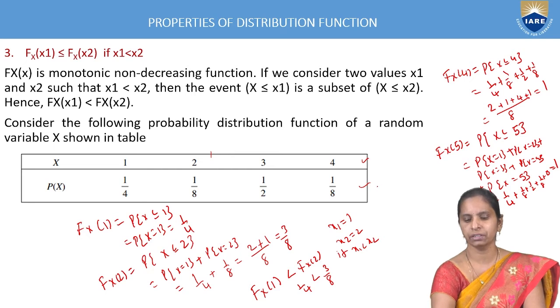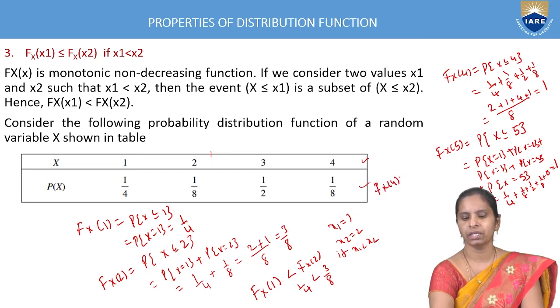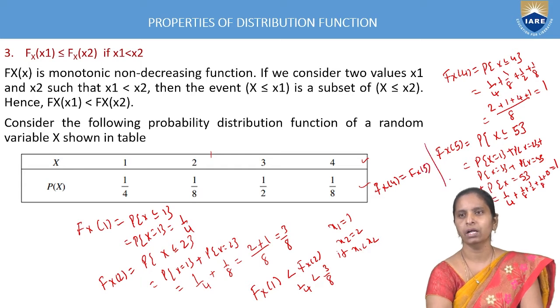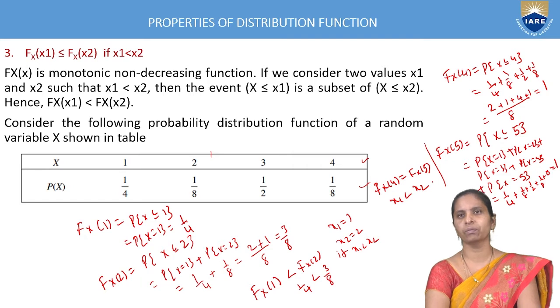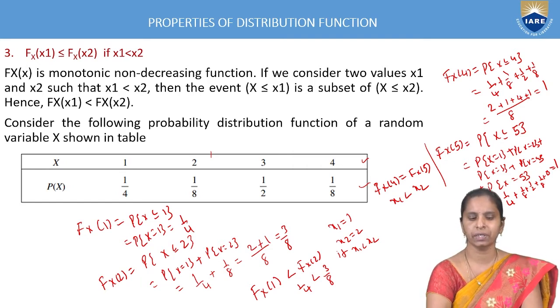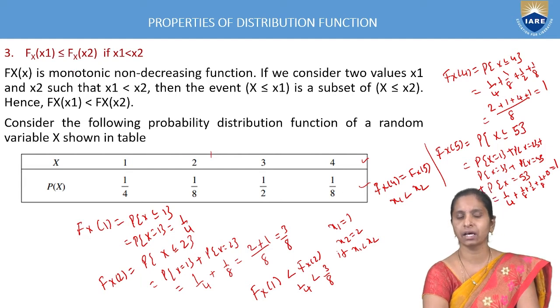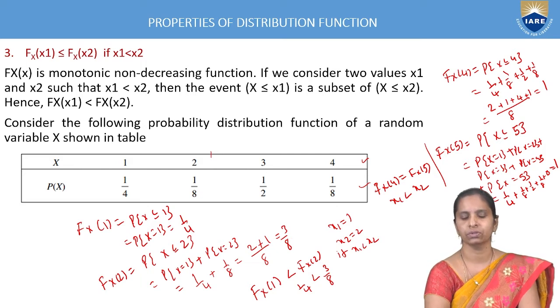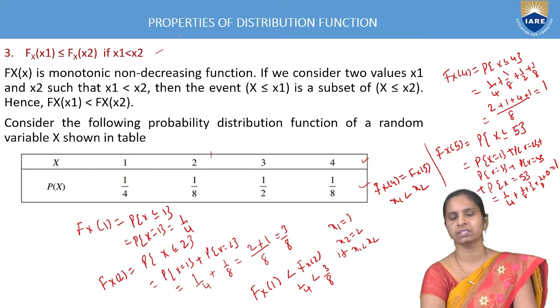So if you observe here, F(4) is equal to F(5). And here my x1 is less than x2. It means always the distribution function is an increasing function of x. That is nothing but F(x1) is less than F(x2), or it may be F(x1) is equal to F(x2), for the condition x1 less than x2.